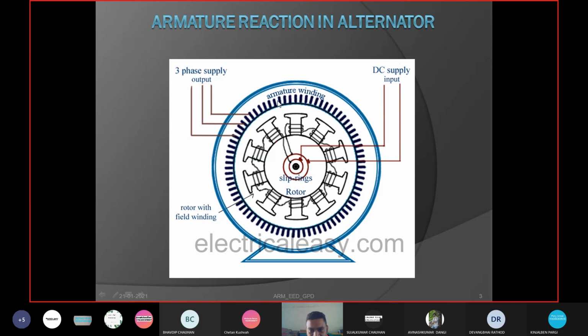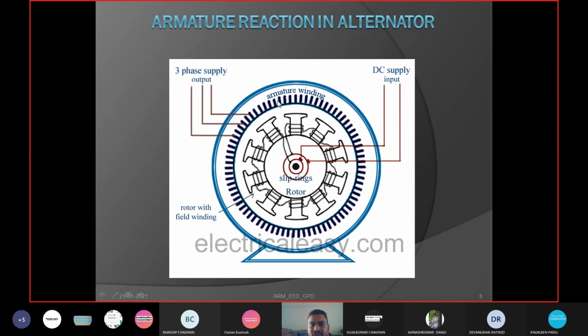When the alternator operates on load, these are the two magnetic fluxes produced in it. Now, what is armature reaction? When two magnetic fluxes are there in the same alternator, the armature flux will affect the main field flux.